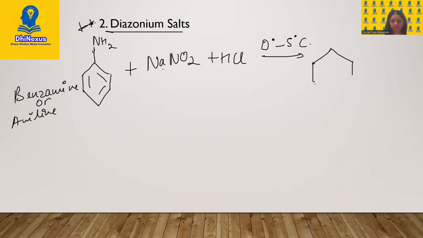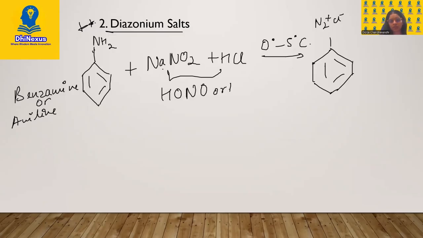I get N2+Cl-. This together is known as HONO or HNO2, which is nitrous acid. So it is actually the nitrous acid that is helping us prepare what?